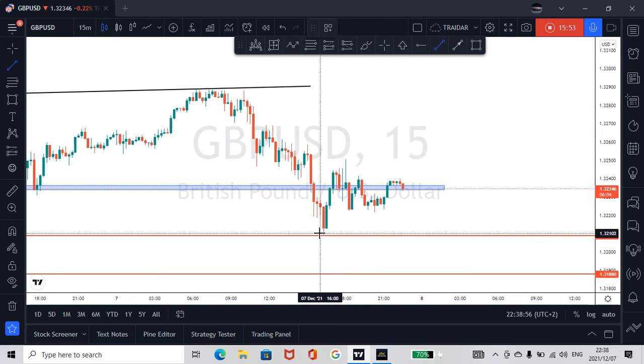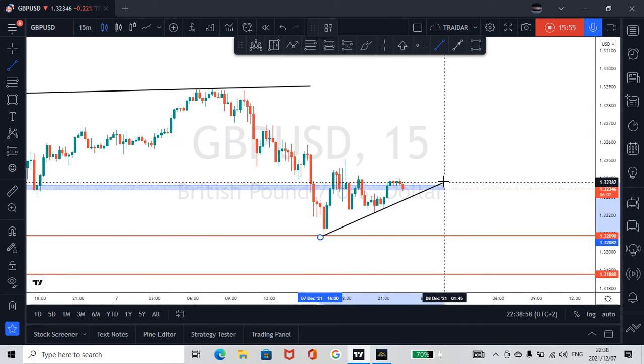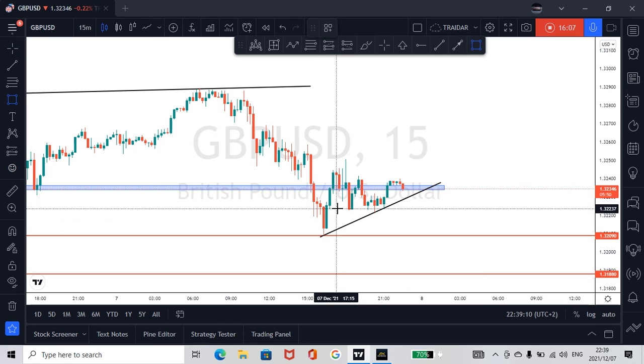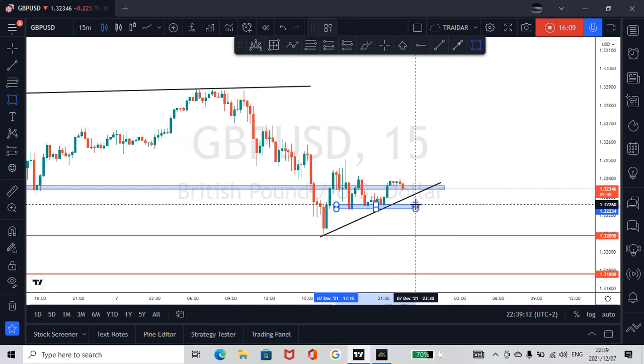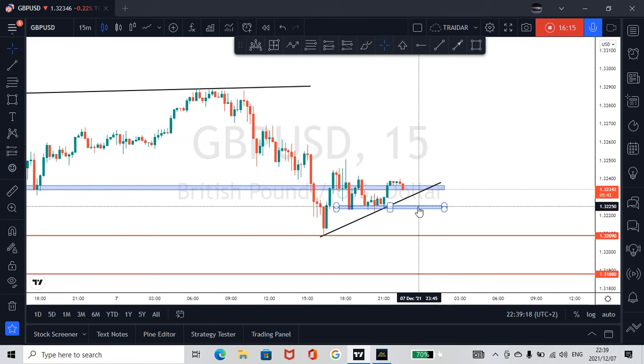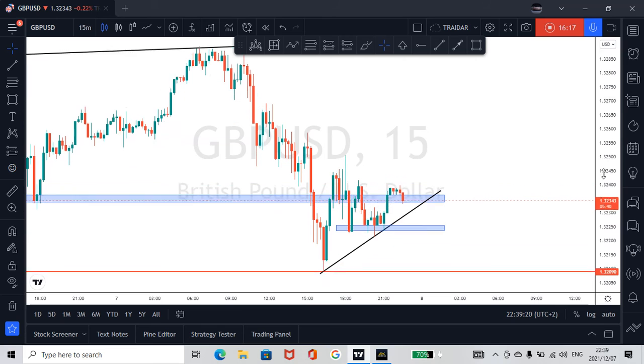So if this candlestick manages to break and close below, let's just wait for the market to break this support trend line, and then when it does, next thing we have, if you still don't feel it's safe to place an entry, wait for the market to break this key area right here.